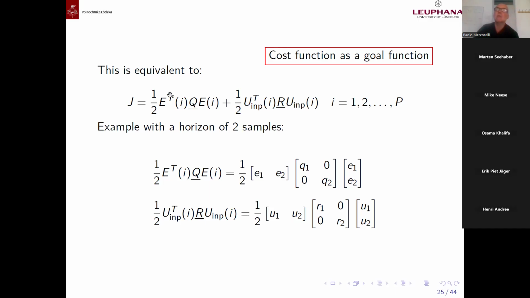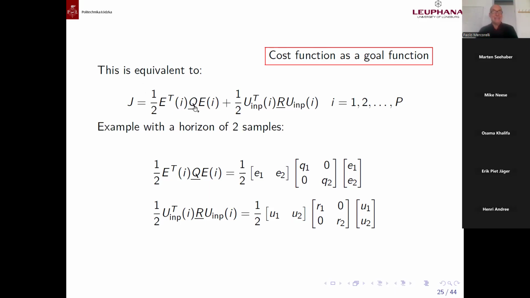Y transpose, because originally it's in a column, but I need it here in a row because I have to obtain at the end the sum of the error square. I obtain exactly the sum of the error square multiplied by 1 divided by 2, but I will come back to 1 divided by 2 later.